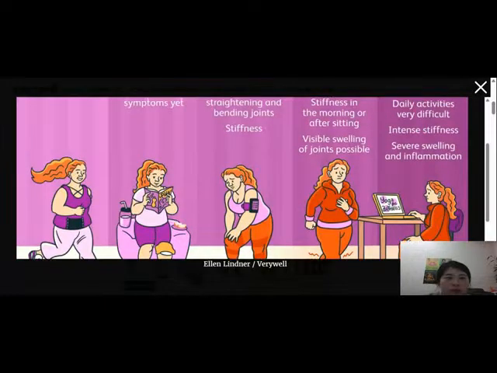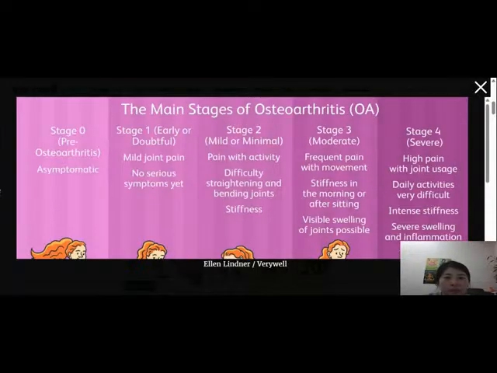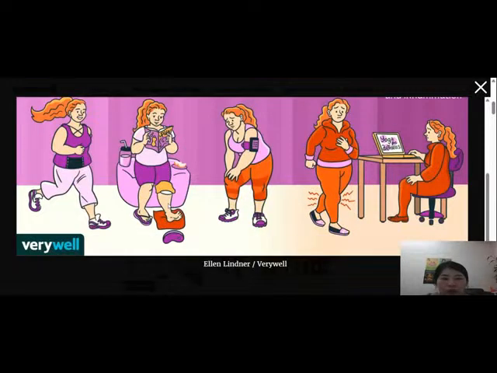In stage two, more bone is formed and there could be mild cartilage wear and a slightly narrowed joint space. The pain and stiffness will be mild, so it doesn't really affect what you do that much, but you already start to be aware of it.